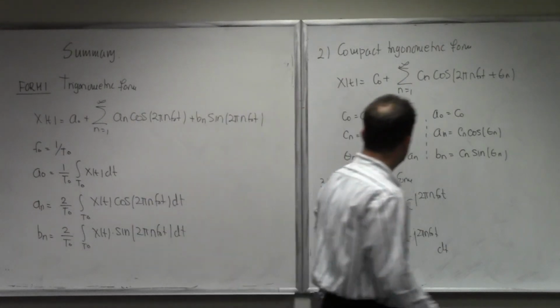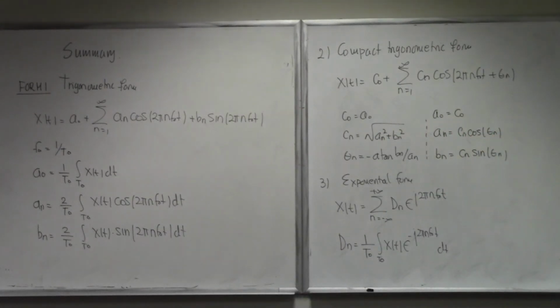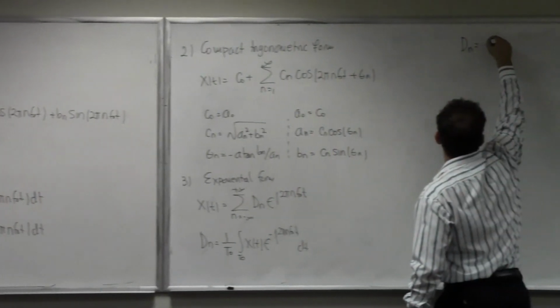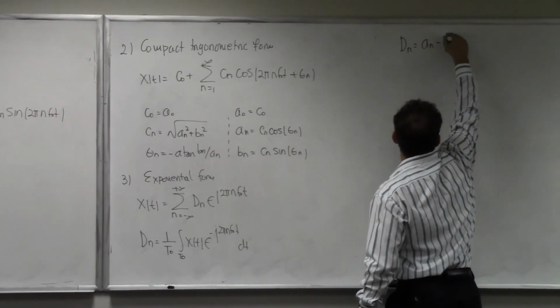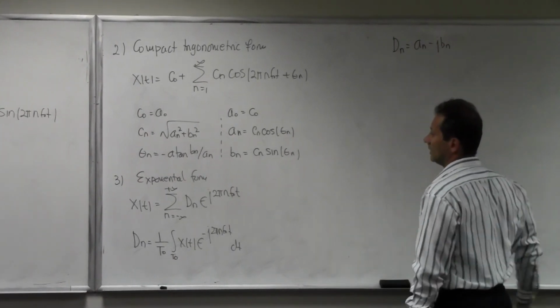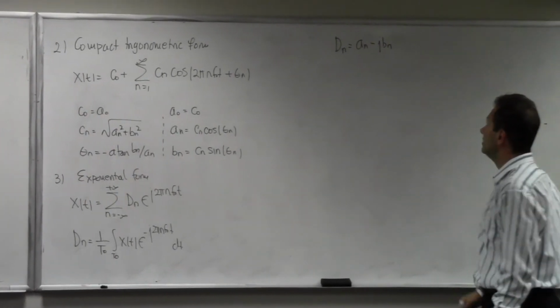And for the transition between these, you can say that dn is equal to an minus j bn over 2. That's how you calculate d's if you know a's and b's.